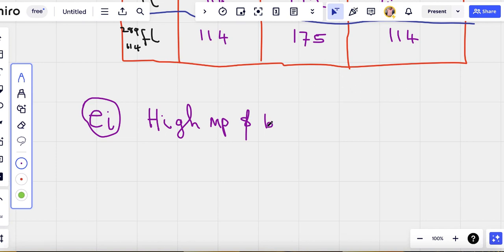So for my sake, it has a high melting point and a high boiling point, because they ask you for properties of metal. It's a good conductor of electricity. Metals are good conductors of electricity. They are just asking you, since they told you it's a metal, just give the properties of metals that you know already in your basic science. So conducts electricity.